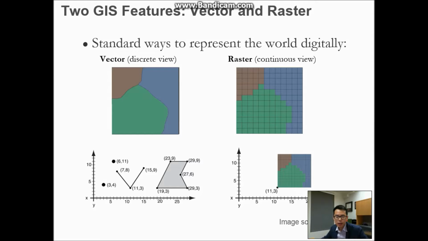And then a segment is constructed by linking two points, and then a shape, or we call a polygon, is constructed by linking all the corners of a polygon. So since everything is constructed by coordinates, when you zoom in and zoom out in the image, you cannot see the difference, and you cannot see the loss of quality.